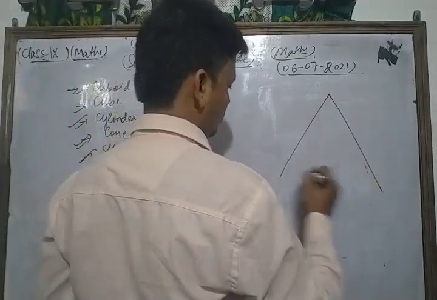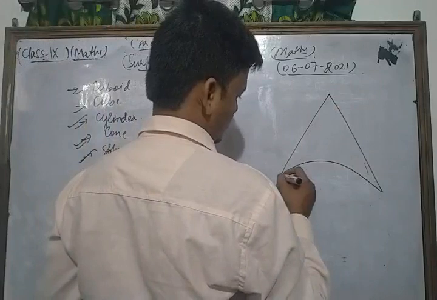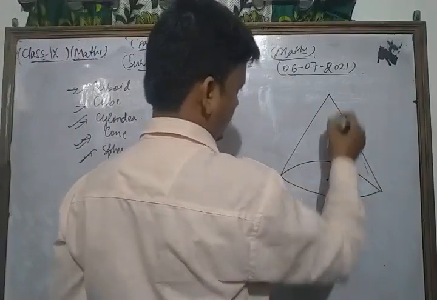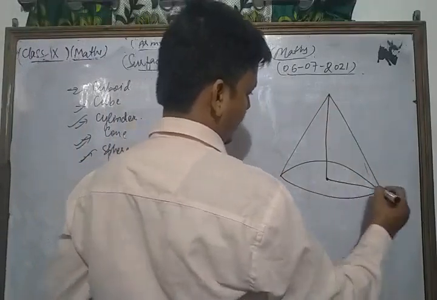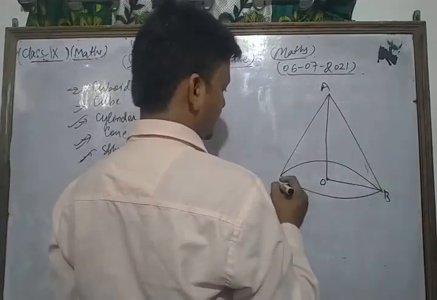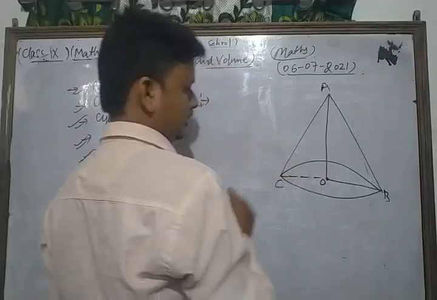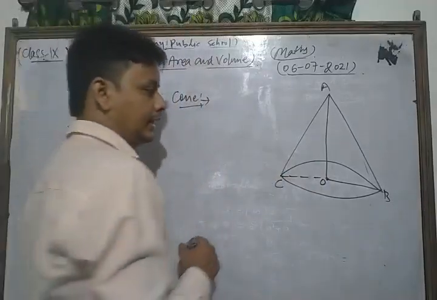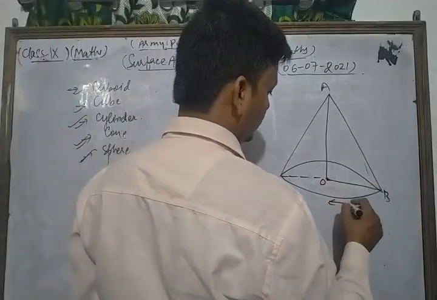Now look, this is the shape of the cone. Okay, and this is O, A, B, C. Here this is the base, the radius of the base of the cone is what?